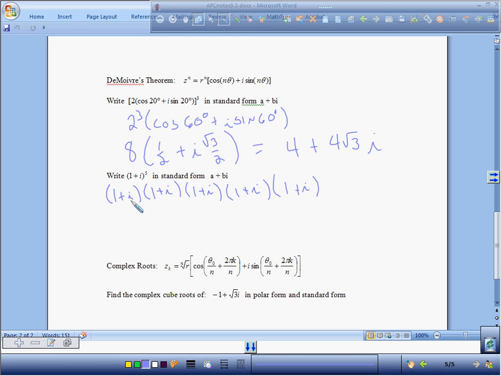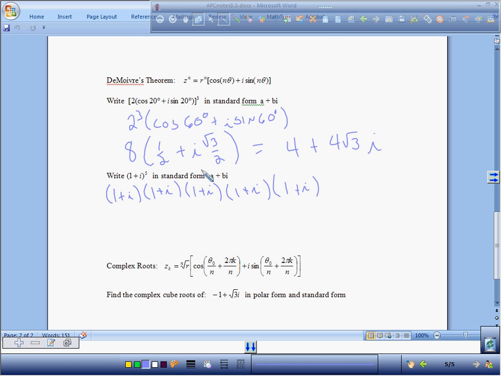Because first you're going to get a quadratic, and then you're going to multiply a quadratic by a binomial, and you're going to get a cubic, and then you multiply that cubic, and you're going to get a quartic, a 4th degree, and it's going to take you a long time. It'll probably take you 15 minutes to multiply that all together.